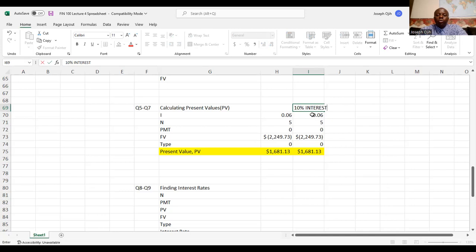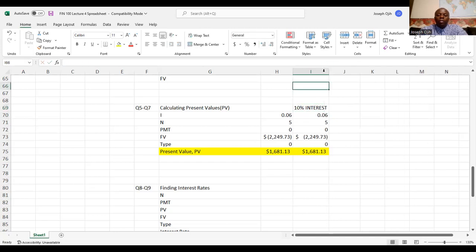Now we can change this. When I do this, I want you to watch. You see that it will recalculate it by itself, since we have already done it here. So you don't have to start repeating it again. Just change any of the values and Excel will recalculate it for you. It's 0.10, which is 10%. You see, it recalculates it for you, which is very good. I save a lot of time and a lot of stress.